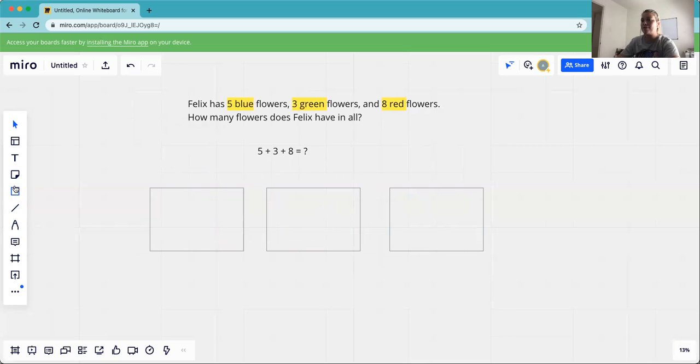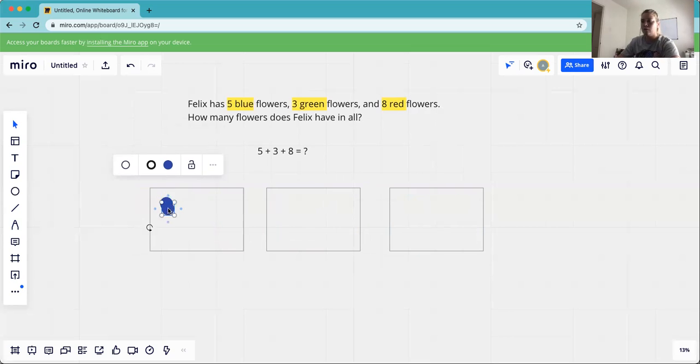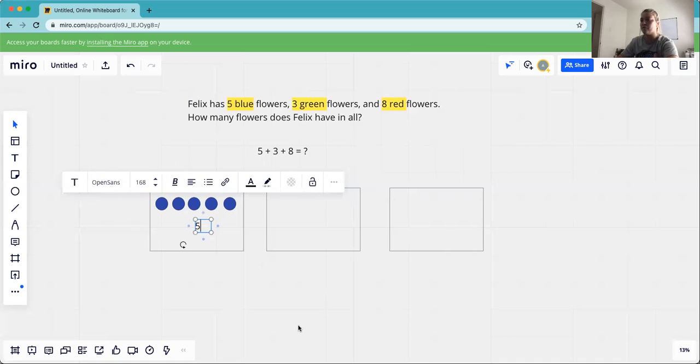Now, remember, you want to make sure that you're paying attention to what the question is asking you and separating them in certain ways so it's easy to figure it out. So 5 blue: 1, 2, 3, 4, 5. I'm going to put my number in there so I know that there's 5 there.